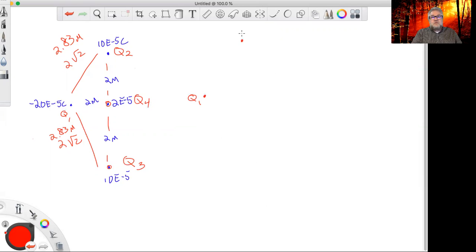Now, when I put charge 2 in place, that's going to require me to calculate the electric potential there.